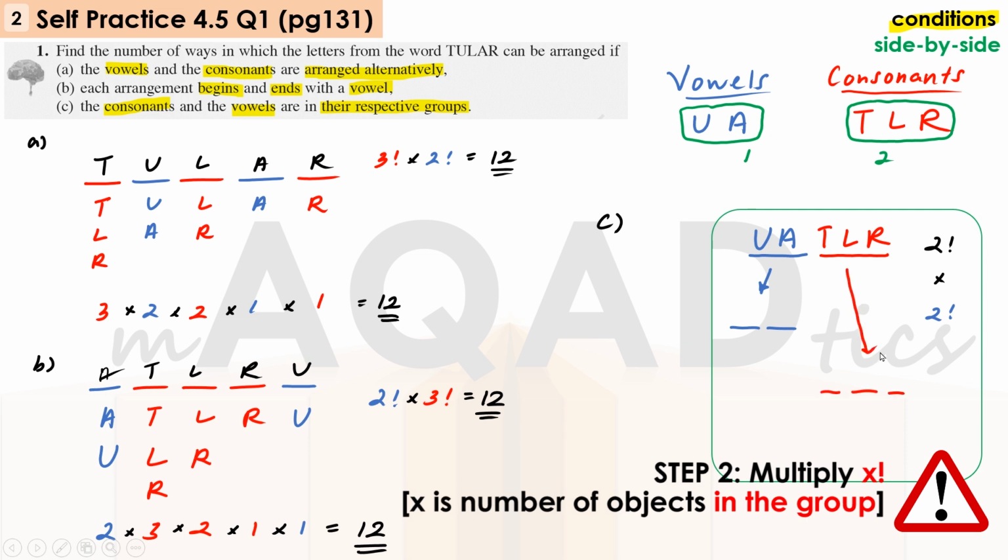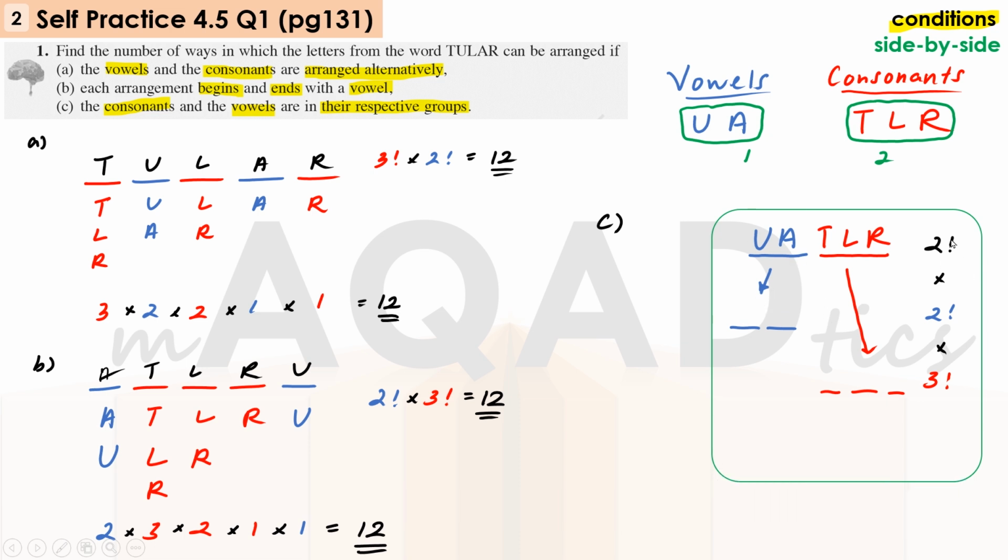For consonants, you have 3 letters, so multiply 3 factorial. The reason is that the things inside the group can interchange their arrangement. So it's either UA or AU, for example, for vowels. So we multiply all these 3 factorials together, and then you will find your answer, which is 24.